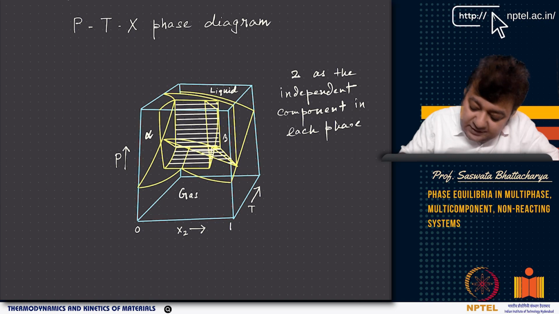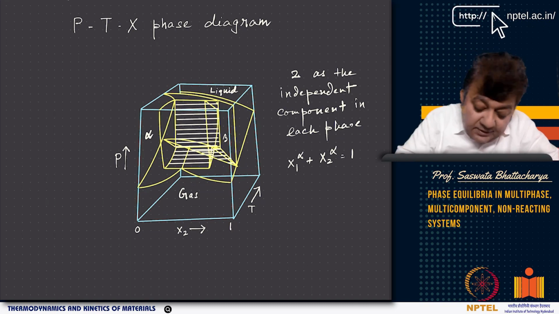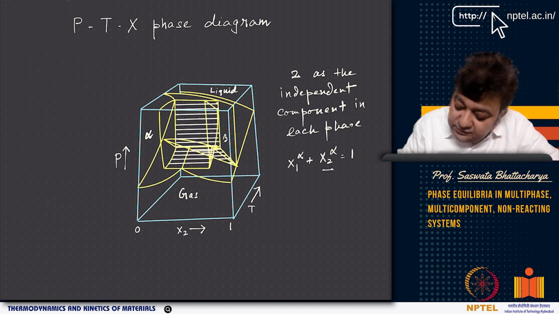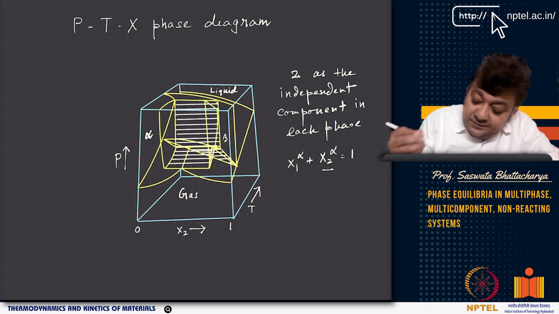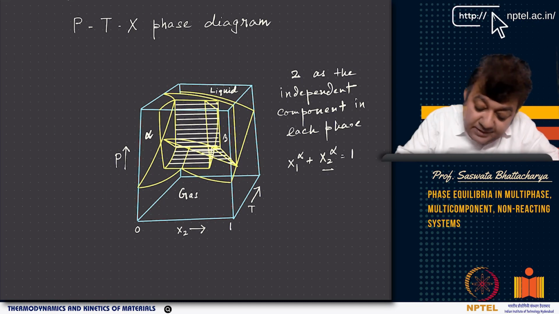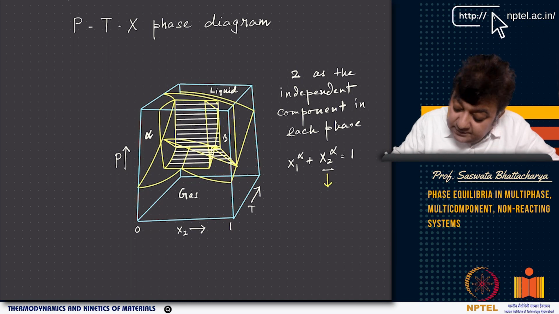So if you look at, say, the alpha phase, you have x1 alpha plus x2 alpha equal to 1, right? It's a binary system, but you are taking x2 alpha as your independent variable, so x1 alpha automatically becomes your dependent variable.